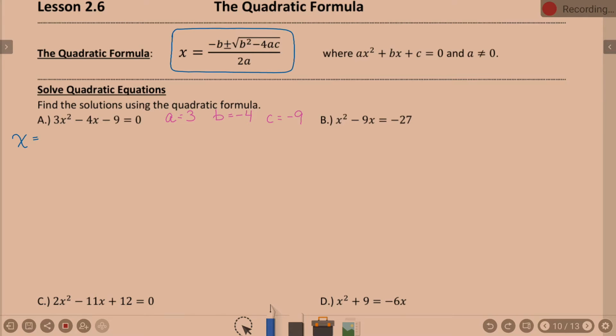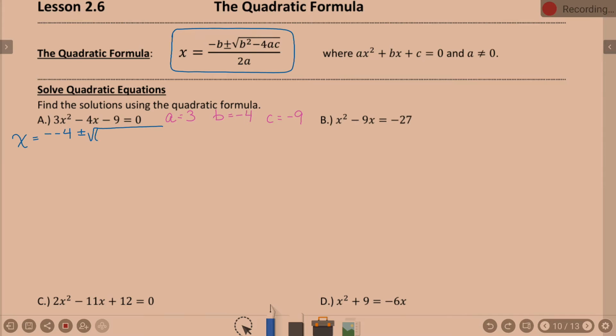x equals negative b. Negative b is going to be the negative of negative 4, which, yes, I agree is 4. I would just go straight to 4, plus or minus the square root of b squared.